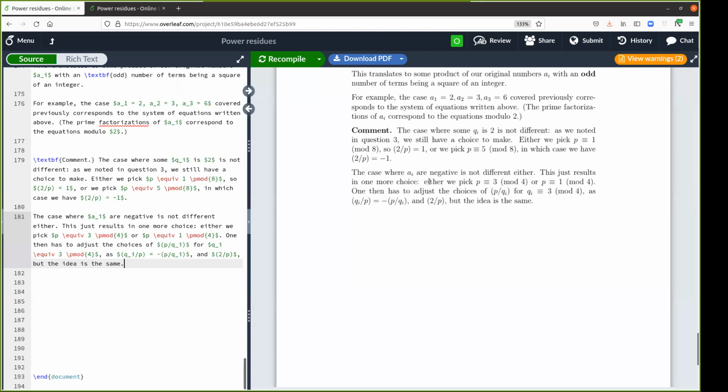This is a bit more difficult because the choice we make here affects the choice we have to make regarding the primes qi, for qi equal to 3 modulo 4 or qi equal to 2. But the main idea is the same. We have some choices to make, and we have to make the choices so that a system of linear equations modulo 2 is satisfied.